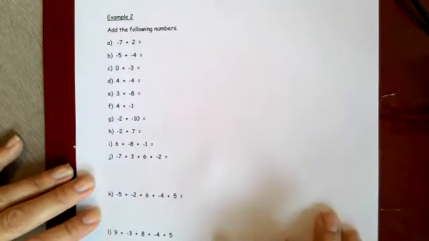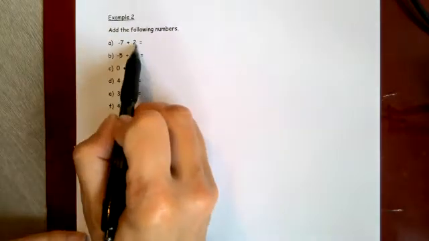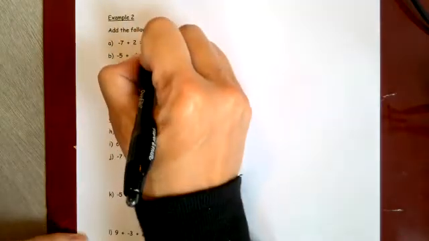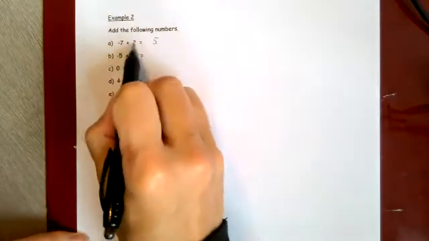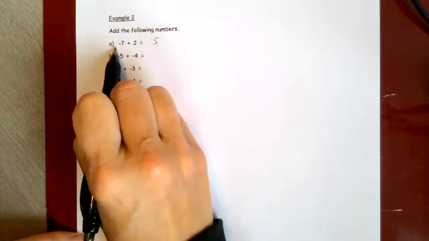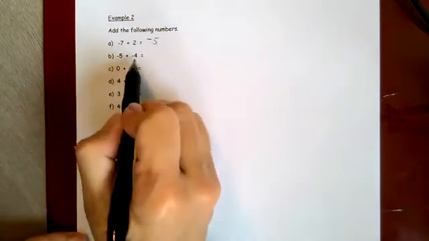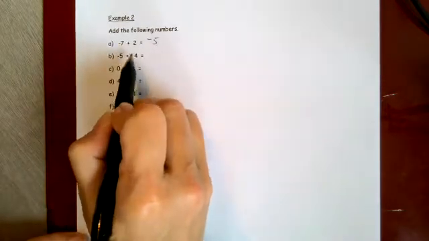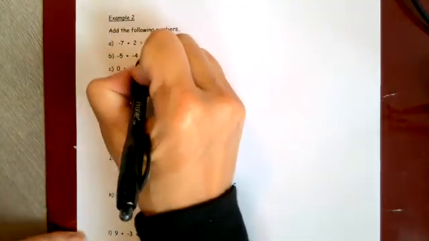So let's just do some practice. So they have opposite signs. So I'm going to be subtracting 7 and 2, which would be 5. But the leftover is going to be negative because the 7 beats the 2. Here they have the same sign. So I'm going to add these digits and it stays negative.